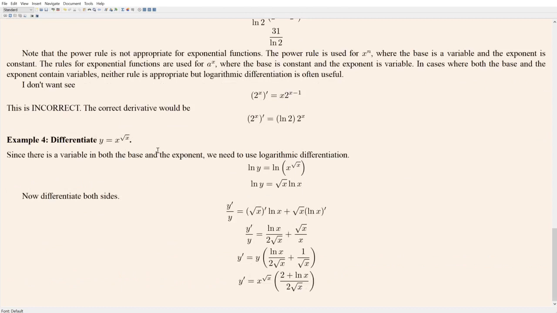Probably the strangest bit, or maybe the most challenging bit from this section, would be differentiating things like this. So if there is a variable both in the base and in the exponent, then you need to use logarithmic differentiation. I don't know if that's the only strategy that'll work, but that is a strategy which will work. Okay, so that's it for this one.